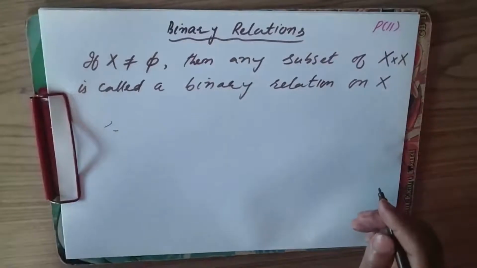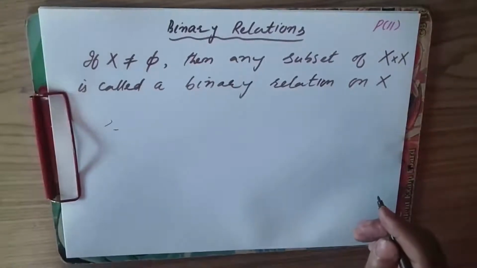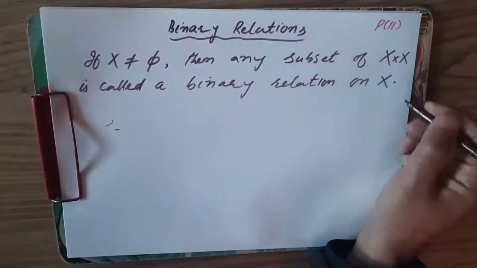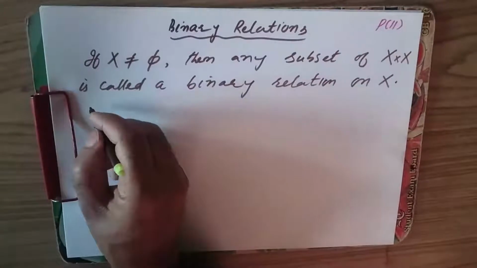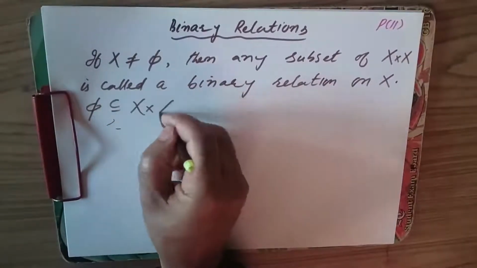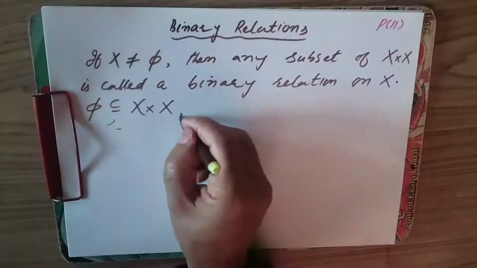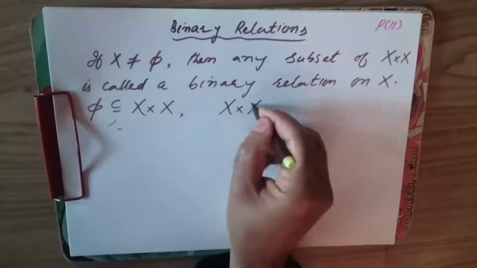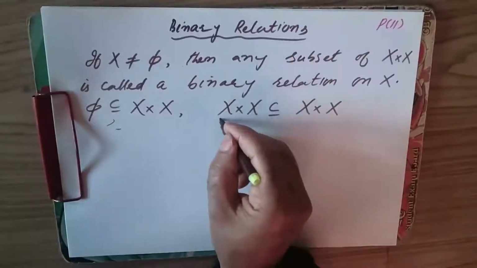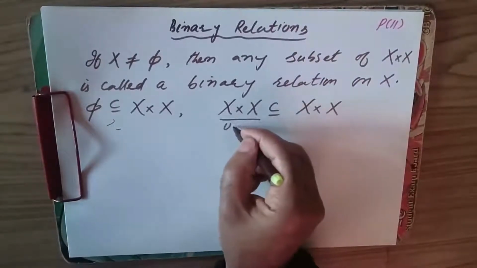And there are some interesting relations. The empty set phi is always a subset of X cross X, so this is a binary relation on X. And X cross X is also a subset of X cross X, so this is also a binary relation on X, and that relation is called the universal relation.